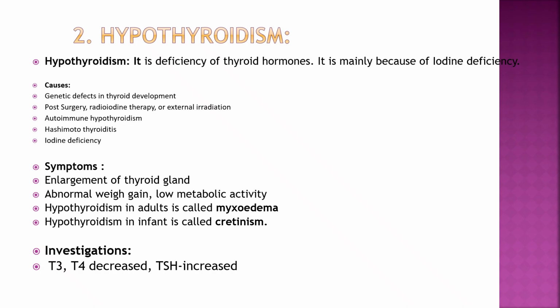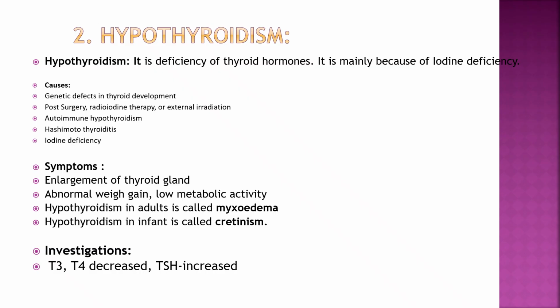Hypothyroidism is deficiency of thyroid hormones, that is low T3 and T4, mainly because of iodine deficiency. The causes are genetic defect in thyroid development, post surgery, radioiodine therapy or external radiation, autoimmune thyroiditis, Hashimoto's thyroiditis or iodine deficiency.